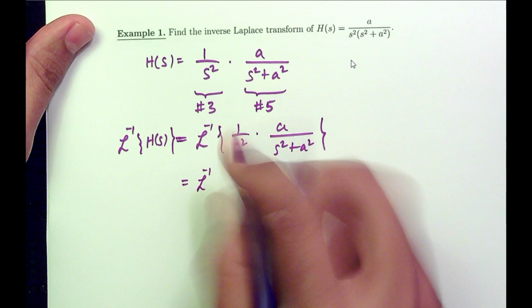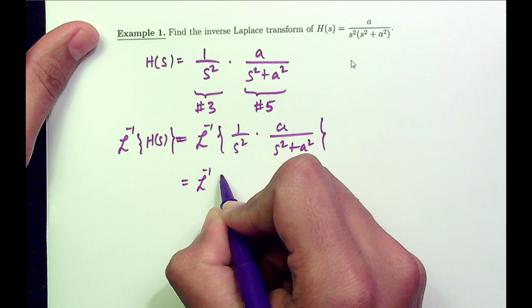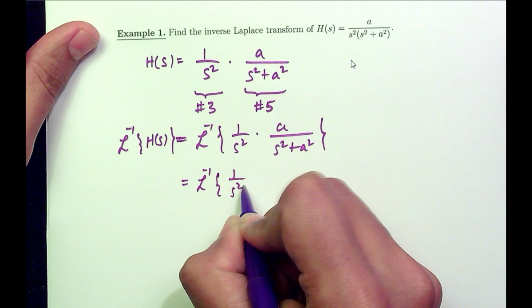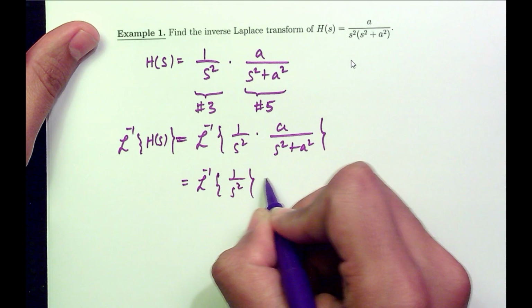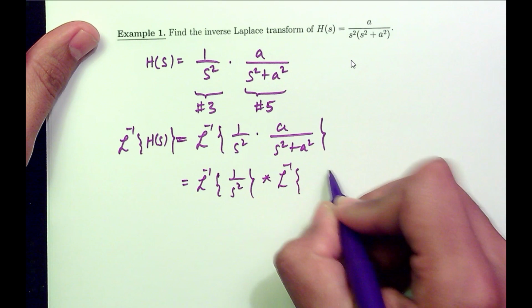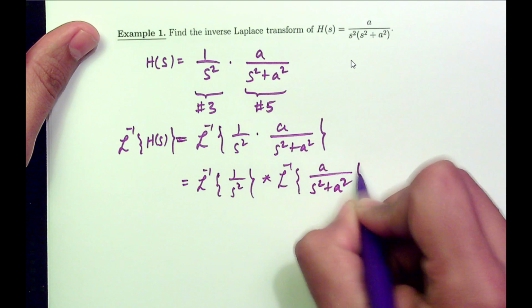So the Laplace inverse of the product is the product of the Laplace inverses, but not the regular product, the convolution product. So this is going to be the Laplace inverse of 1 over s squared, convolution product, Laplace inverse of a over s squared plus a squared.